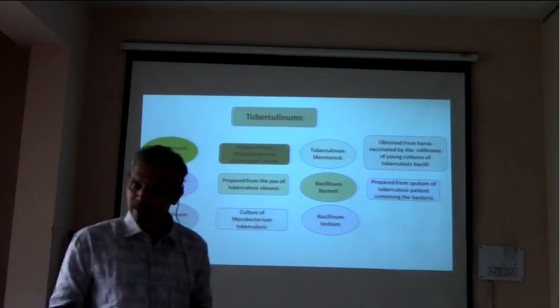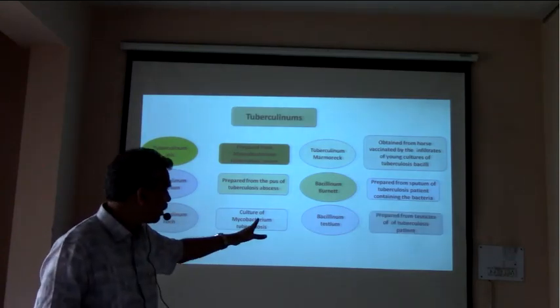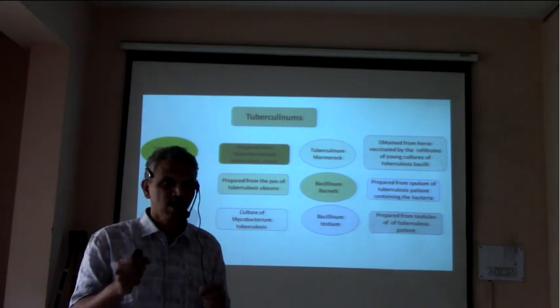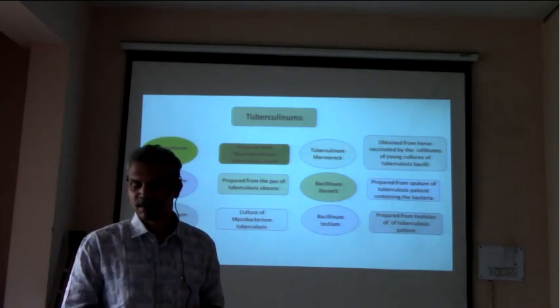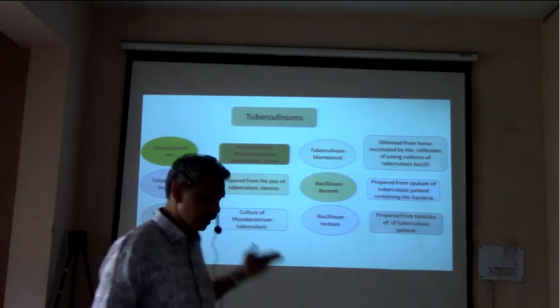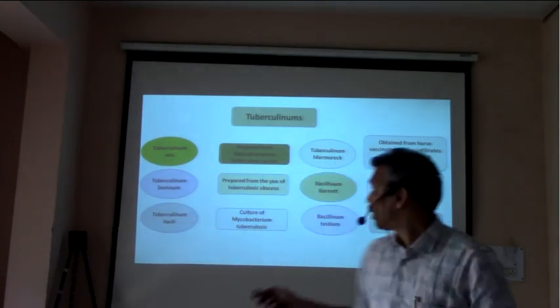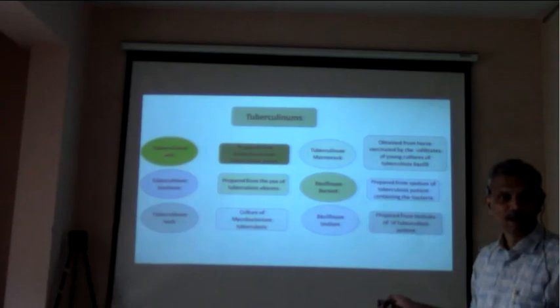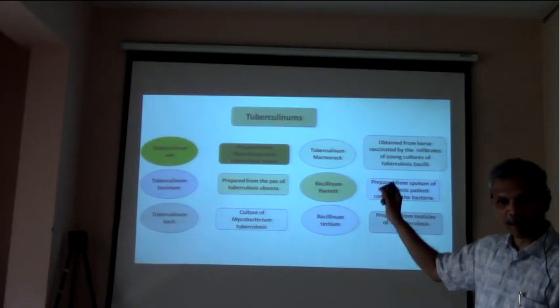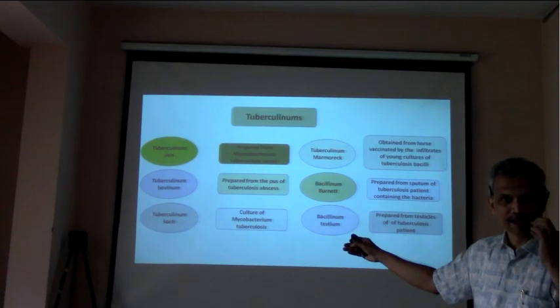Okay, so this is a remedy which is prepared from testicles of a patient who is suffering with tuberculosis. Okay, fine. So these are all the common nosodes which belong to a common group called Tuberculinums, not Tuberculinum, you have apostrophe S. They all belong here. Okay.